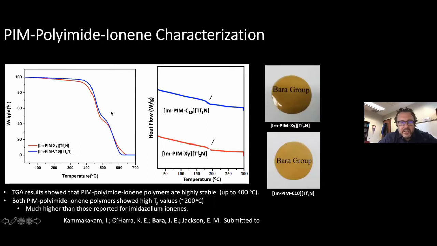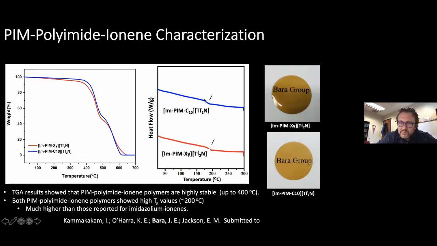Again, we're getting used to seeing thermal stabilities of these materials that run to about 400 C, even a little bit more, followed by that degradation path, the quick loss of mass, which we can calculate is due to the TF2N anion, and then a slower loss of the rest of the mass, which is probably the polymer backbone.